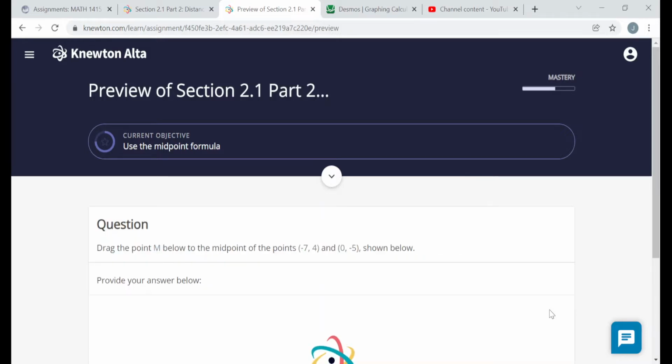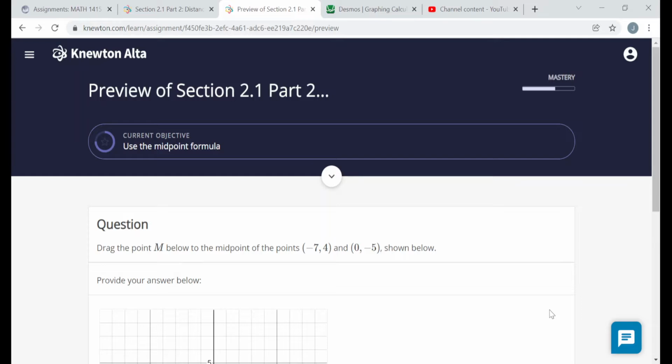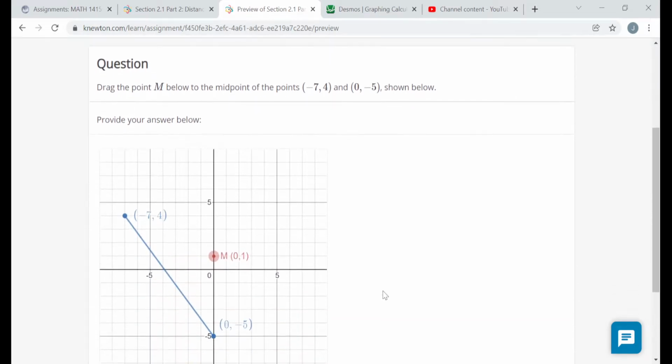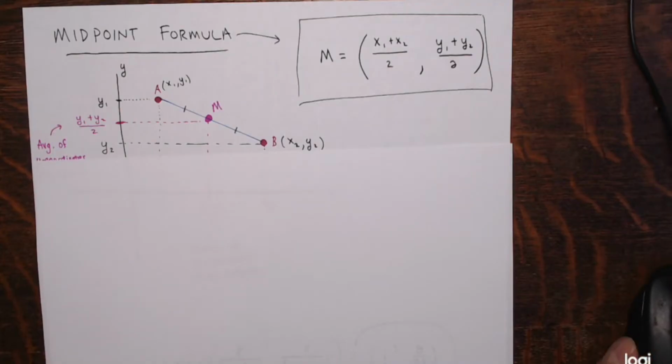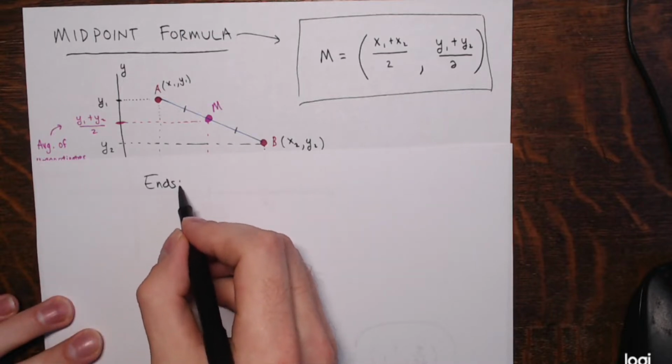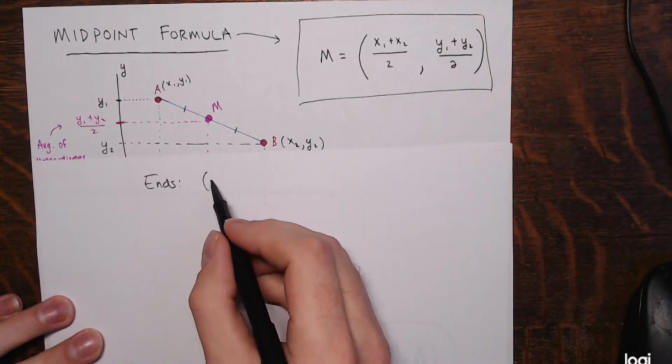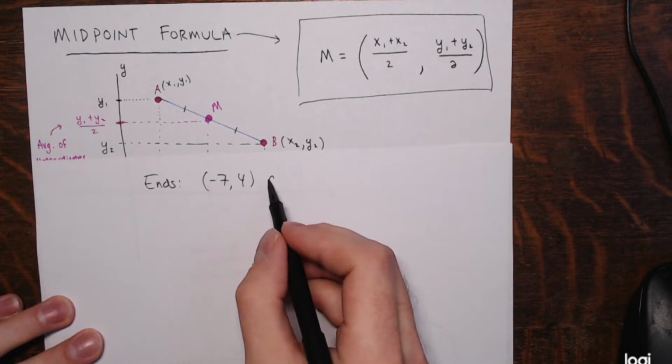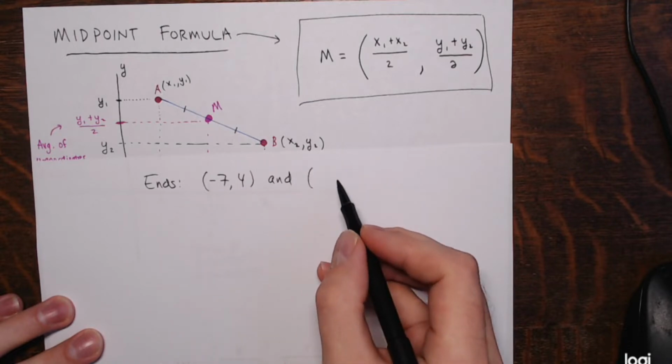All right, so it looks like we got one more here on the midpoint formula. So I'm going to keep that same midpoint formula sheet up. Now this is one like the first one we saw where we have to move our point to where the midpoint is. But let's find the coordinates of the midpoint first. Again here the endpoints are at negative 7, 4, and 0, negative 5.